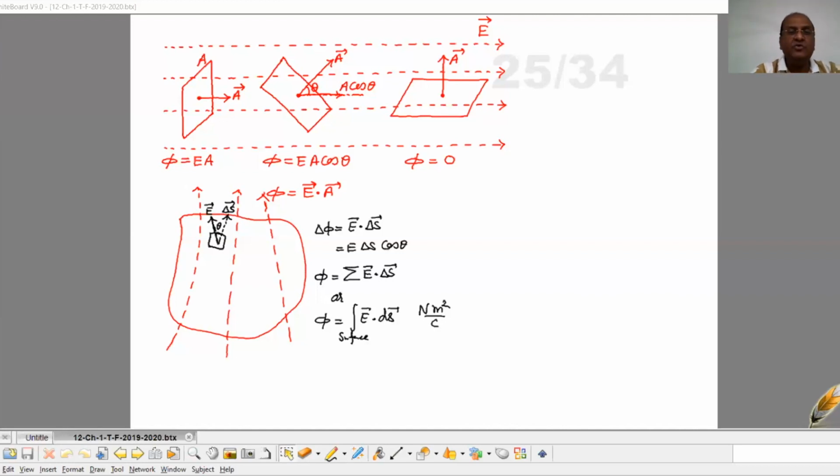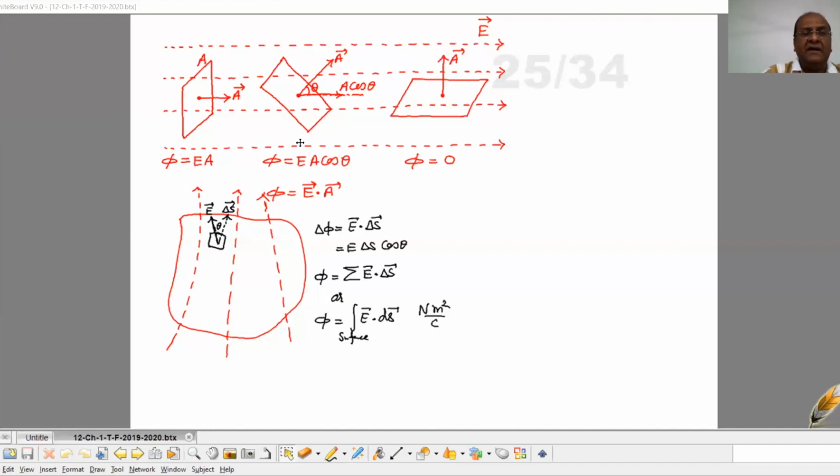That is E into A, and the total number of field lines passing through the given area normal to it is called the electric flux passing through it.